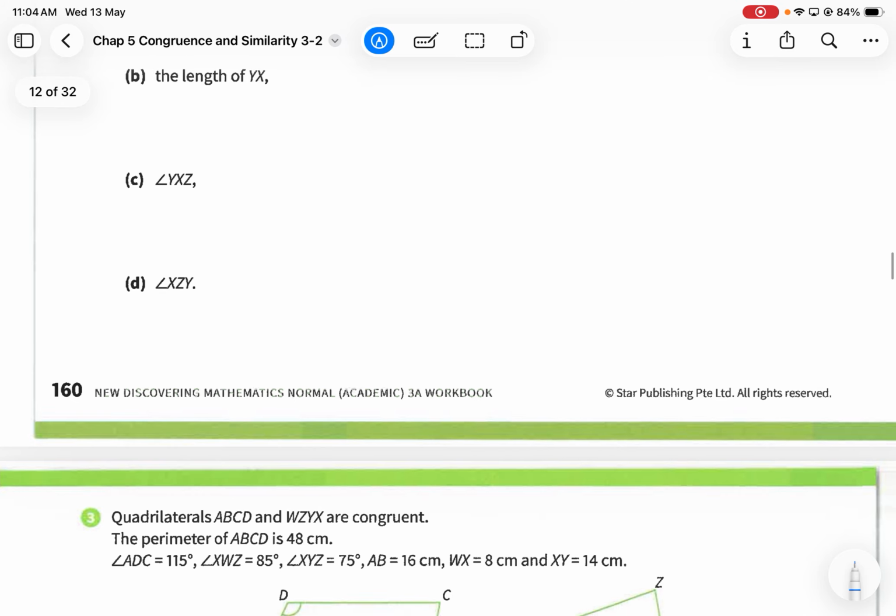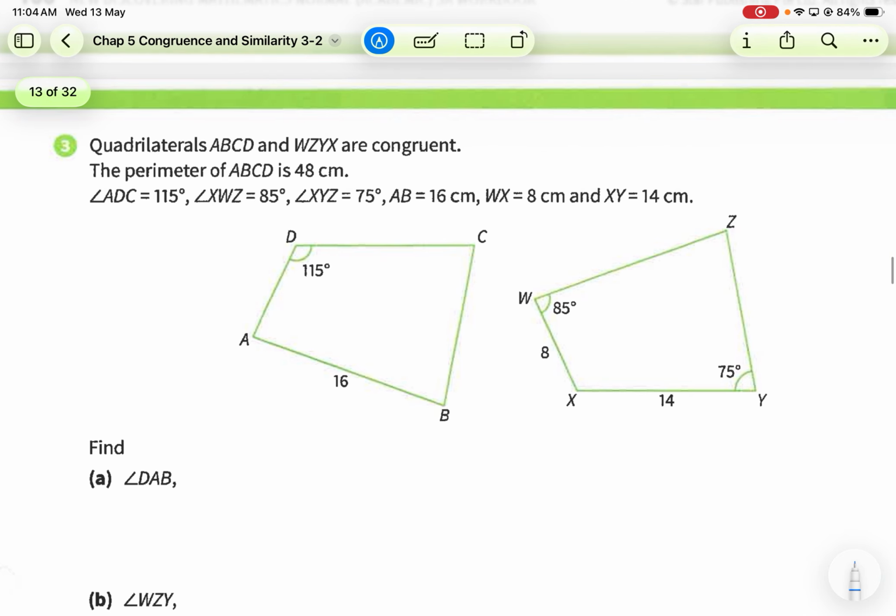Congruent means same size, same shape. They tell you the perimeter. So if you put all your values together, you only have one missing side, but you found this 16 already. Then you will know this side.